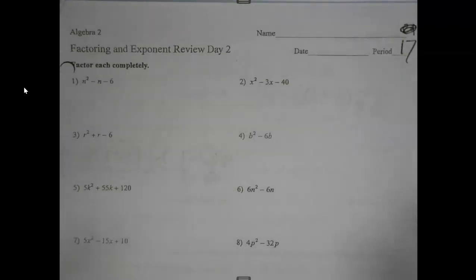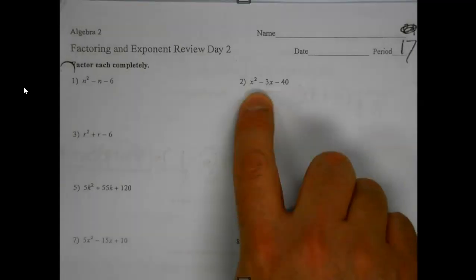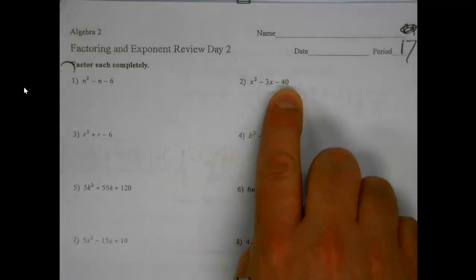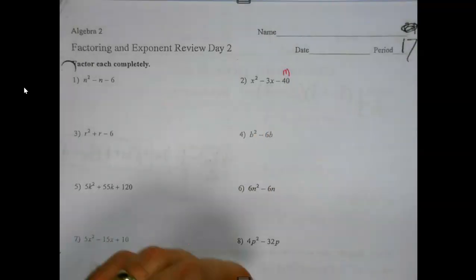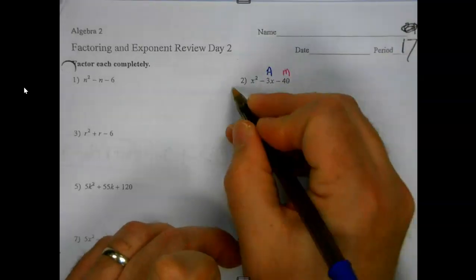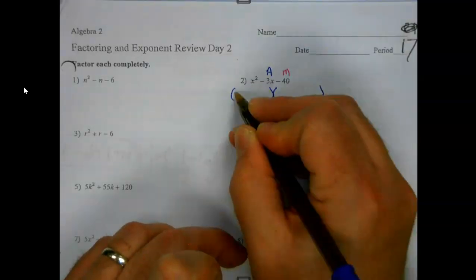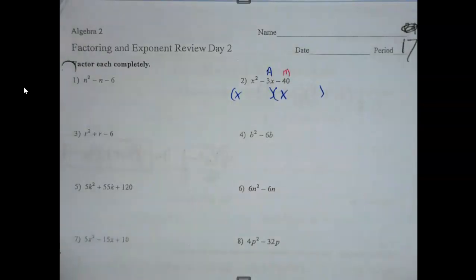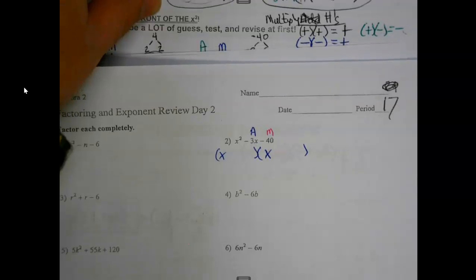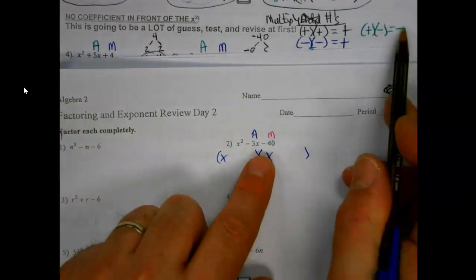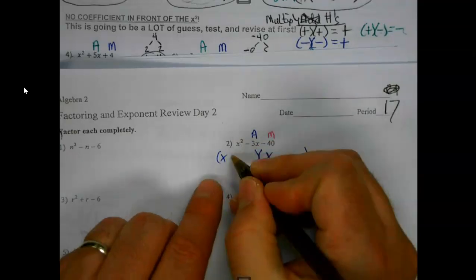So once we check to make sure that they don't have something in common, like those have x, but this doesn't, I can't take out an x. So this is the part, back again to Friday. I'm looking for two numbers that multiply to negative 40. And reminder, when I'm looking at the multiply numbers, if I want it to be negative, I got to have one of each sign.